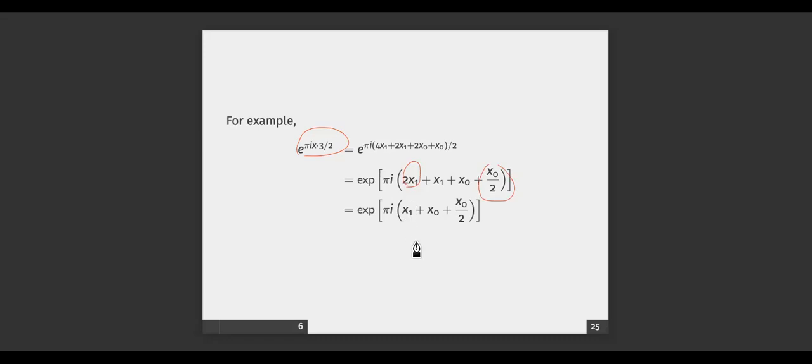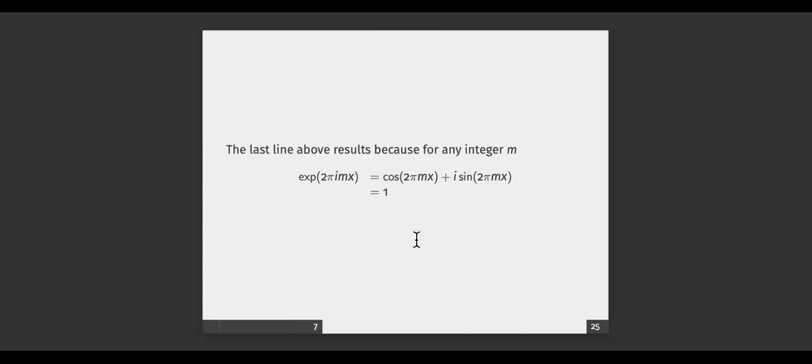The exponential of 2 pi i times x, if you write it in terms of Euler's formula, becomes cosine 2 pi m x plus i sine 2 pi m x.